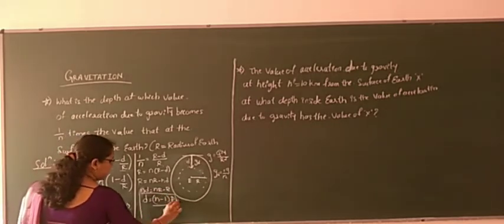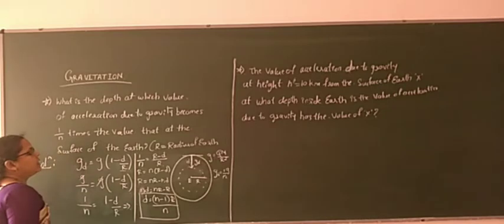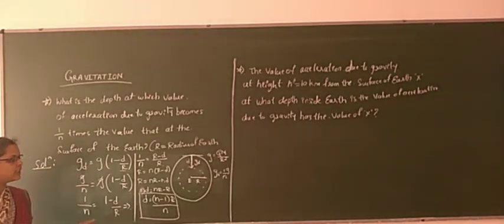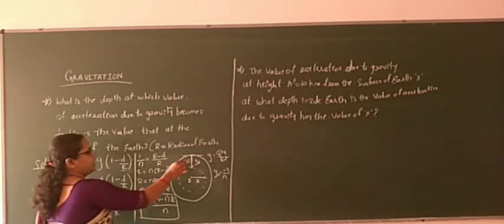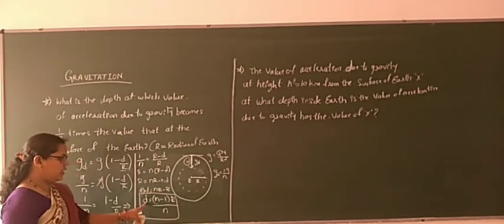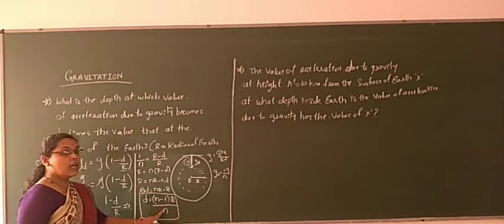So this is the expected depth where the acceleration due to gravity inside equals 1 by n of that on the surface of the earth. So d is (n minus 1) r by n.